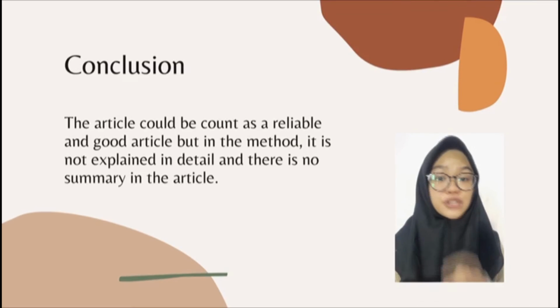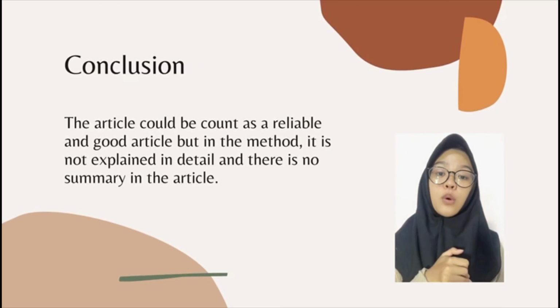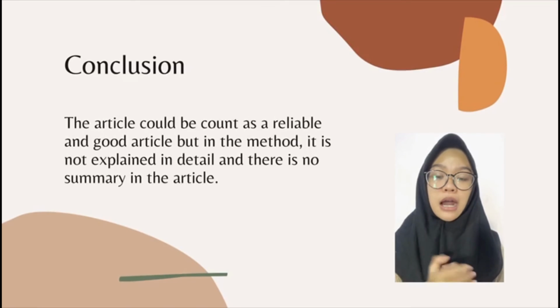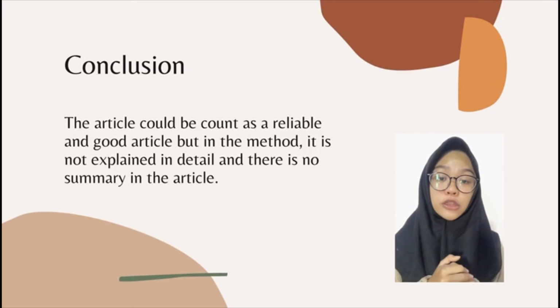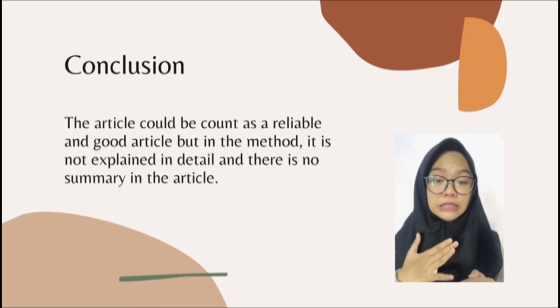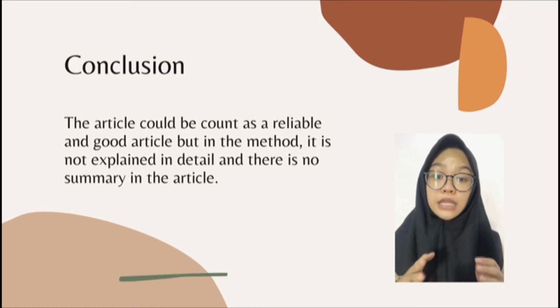But even though the article is quite good, there are still some weaknesses that make the article not as good as it should be. Such as in the method, it is not explained in detail and there is no summary in the article.